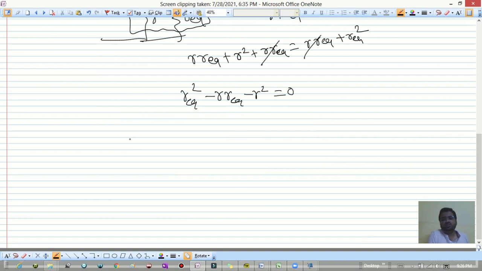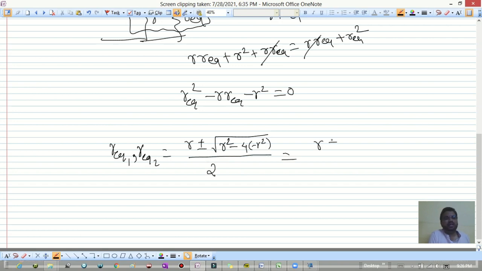For roots, you have to apply: R equivalent 1, R equivalent 2 is equal to minus B, that is R, plus or minus square root of B squared, that is R squared, minus 4AC, that is 4 into minus R squared, divided by twice A, so 2. You will get R plus or minus root of 5R squared divided by 2, which is equal to R in bracket 1 plus or minus root 5 divided by 2.